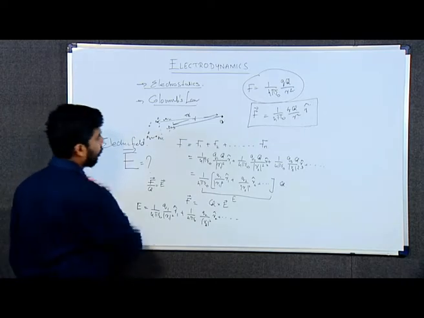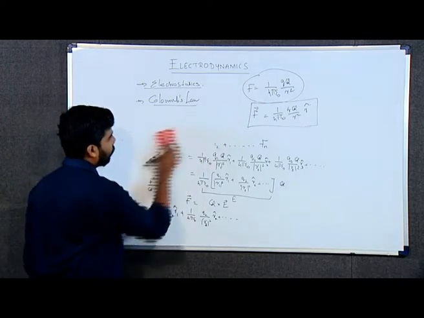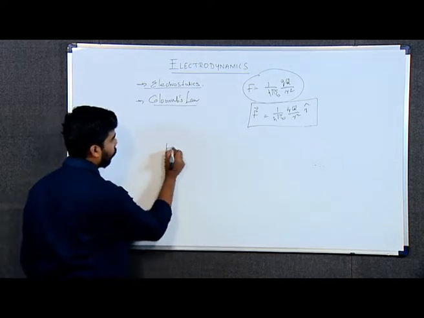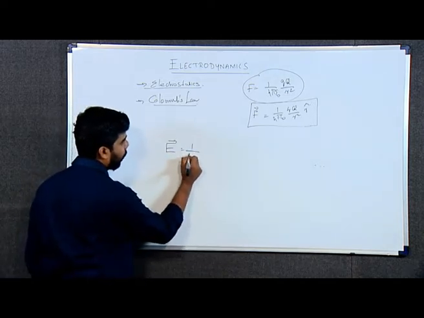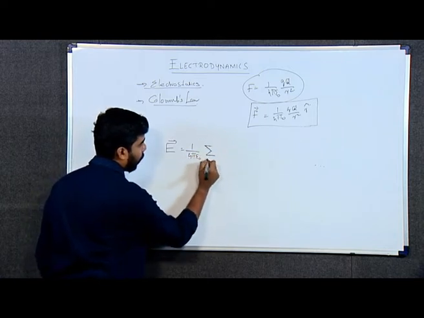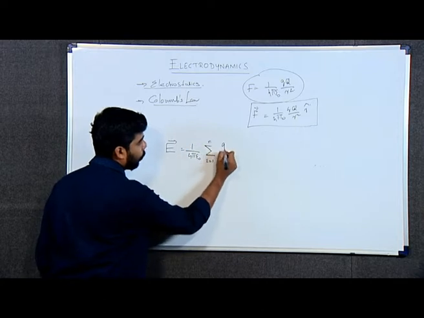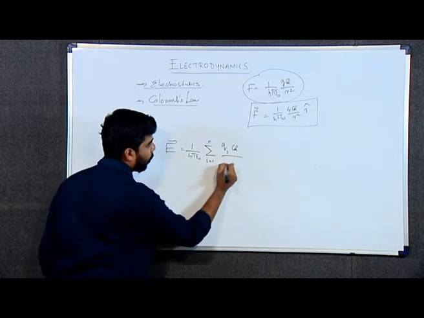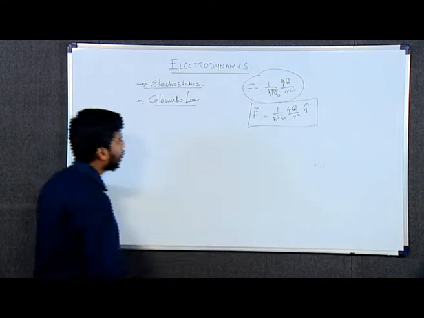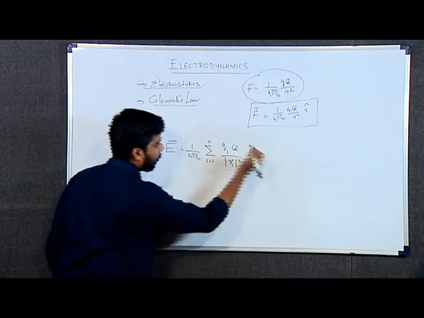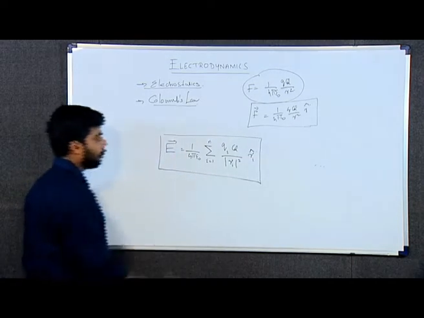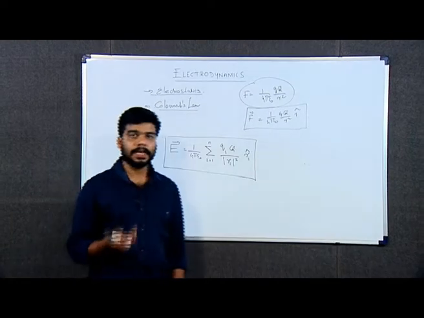So in general, I can write the electric field as E is equal to 1 by 4 pi epsilon 0 sigma i runs from 1 to n of qi by modulus of ri square into ri cap. This is the equation for the electric field. What is actually really the electric field?